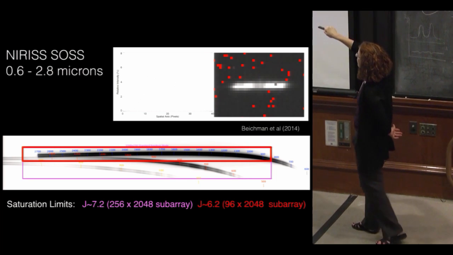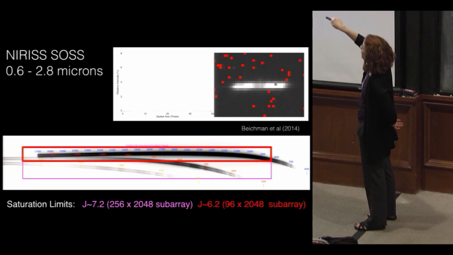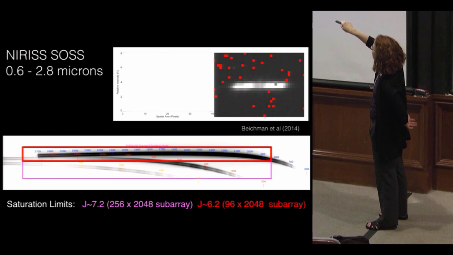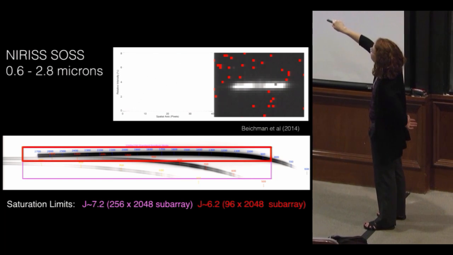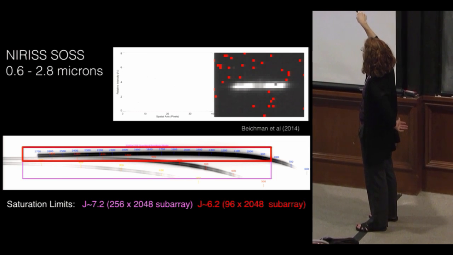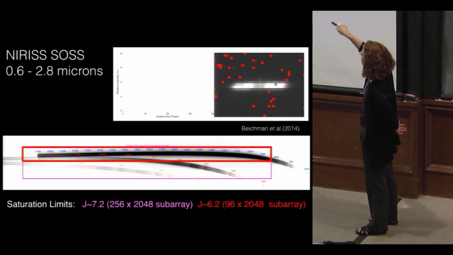The NIRSpec traces are here, and for those of you who've done the hands-on session, you've become quite familiar with this. Here's your first order and your second order. Your first order goes from about 2.8 microns to about 0.85 microns. And here's your second order right here, and your second order is the one that's going to give you your 0.6 to 0.85 microns.